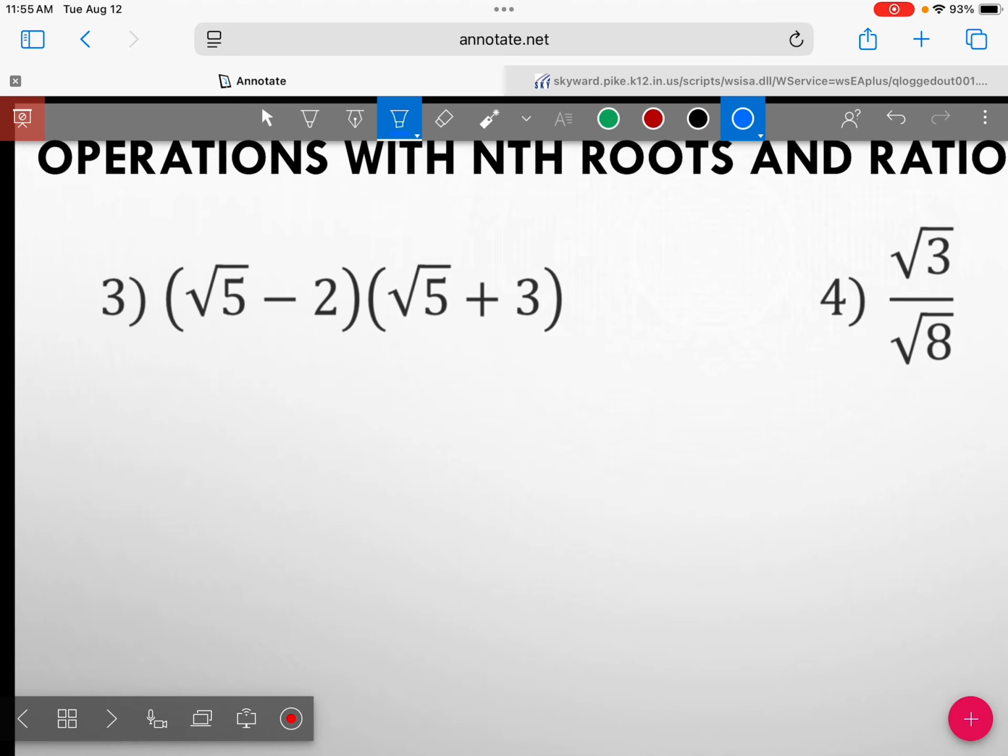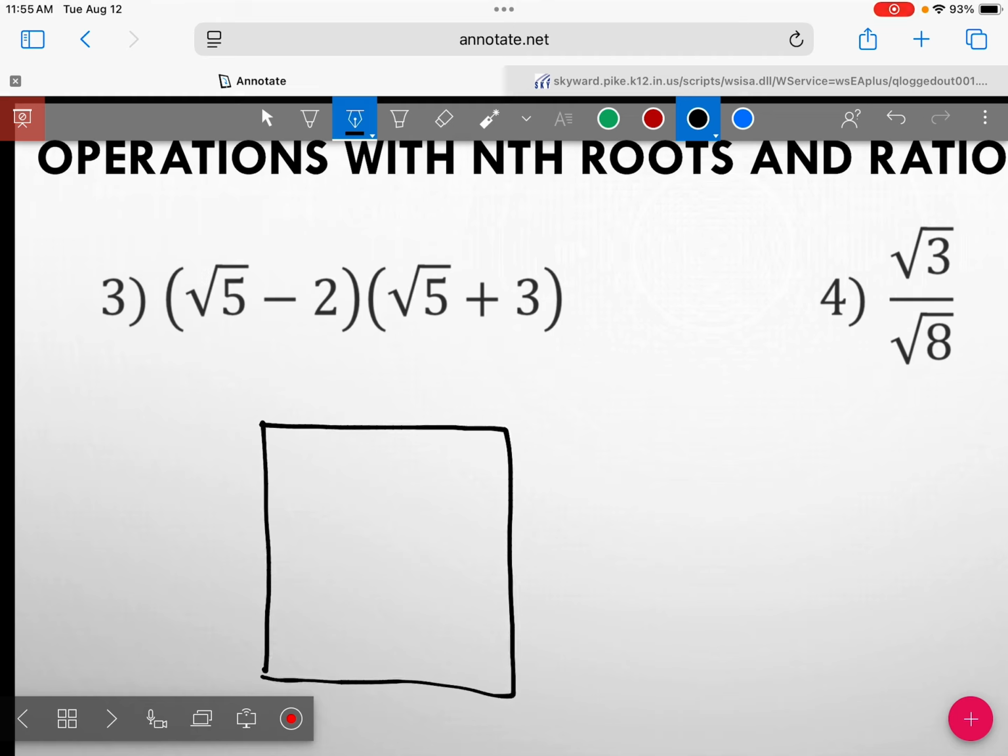For number 3, we are multiplying, okay? When you multiply a binomial, we're going to make a box because I think that's generally the way you all would do that. I do have some of you who like to FOIL or use the distributive property, so that is an option.